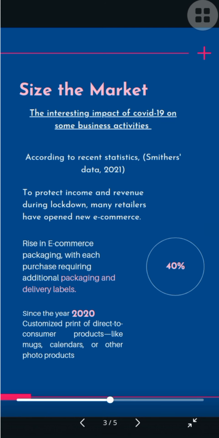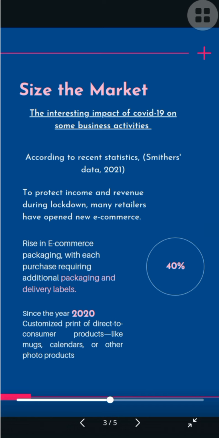Apart from the social media statistics, the interesting part of COVID-19's effect on some business activities is that, from Smithers data this year 2021, to protect income and revenue during lockdown, many retailers have opened new e-commerce stores.